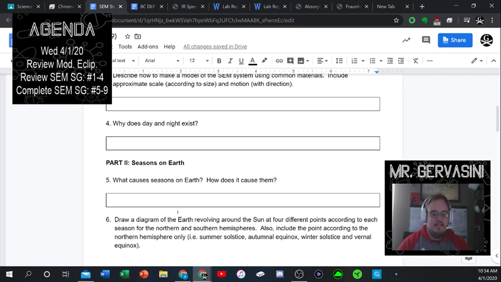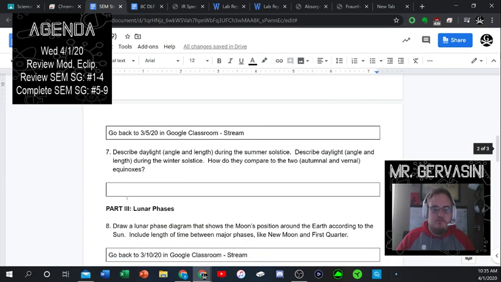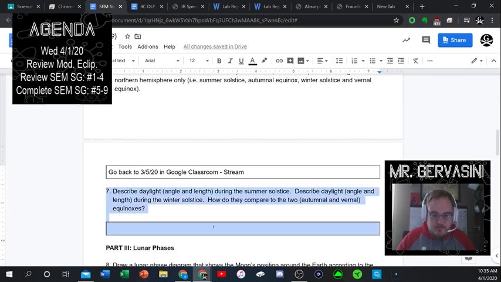There's an angle in its axis, 23.5 degree tilt. And that tilt, when the Earth rotates and revolves around the sun, is going to cause changes in day and night, and it's going to cause changes in the angle of the light. And so I just wanted to use rotation and revolution with a tilt in the axis for 5. You don't have to get into which angle of light's stronger. I'm going to do that in number 7 right now. Okay?